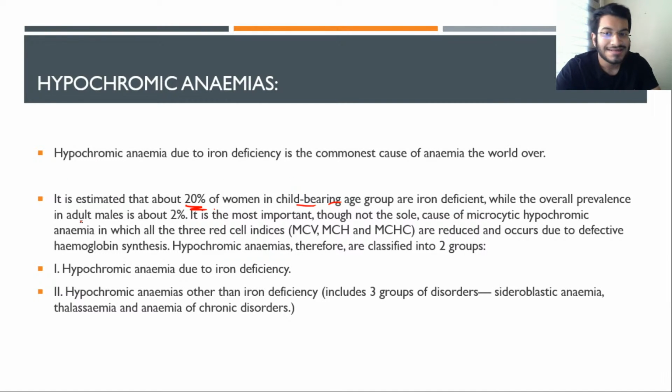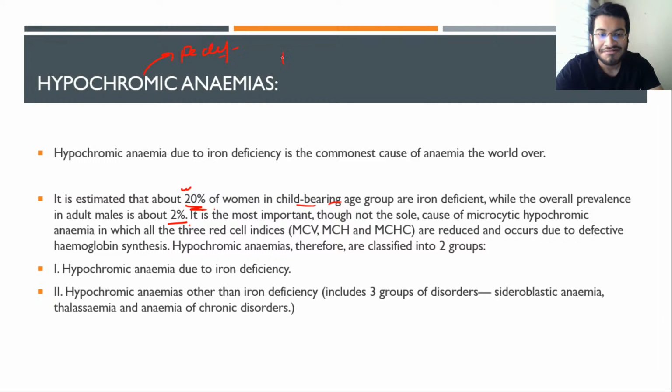While the overall prevalence in the adult male is about 2%, in women about 20% of women in the childbearing age or in their adulthood are iron deficient, and it is the most important, though not the sole cause of microcytic hypochromic anemia. So guys, microcytic hypochromic anemia का major cause is iron deficiency anemia.